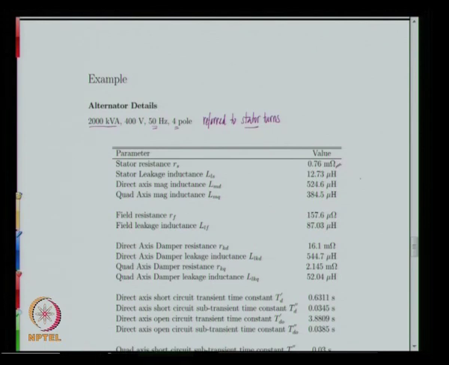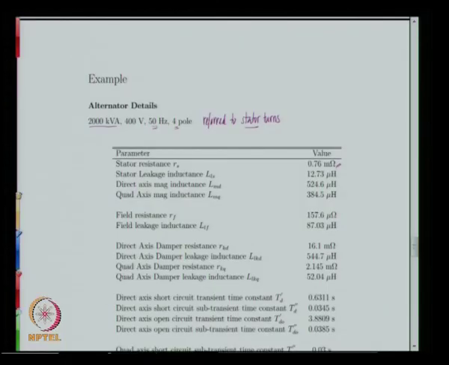Now somewhere along the derivation we made an assumption that Rs is small and hence can be neglected in comparison with the other terms. We see that Rs for large machines is really small, and the stator leakage inductance is 12.7 microhenry, which is quite small compared to LMD and LMQ that we have here, 520 microhenry and 384 microhenry.